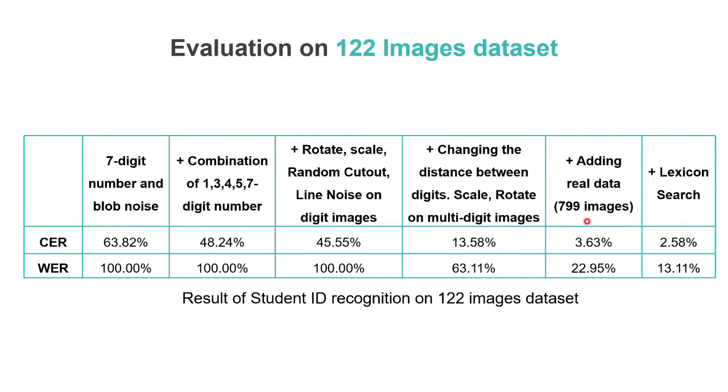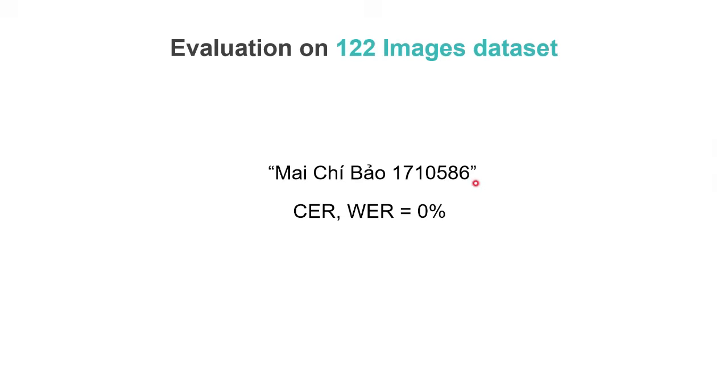So the lexicon search is quite good. But if we do the lexicon search with a format of name and student ID at the same time, we can get CER and WER equal to 0%, which means the accuracy is 100% in finding the index of the student.